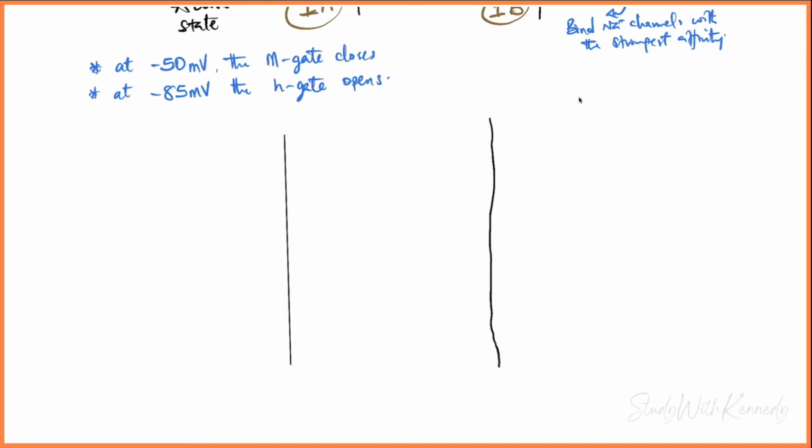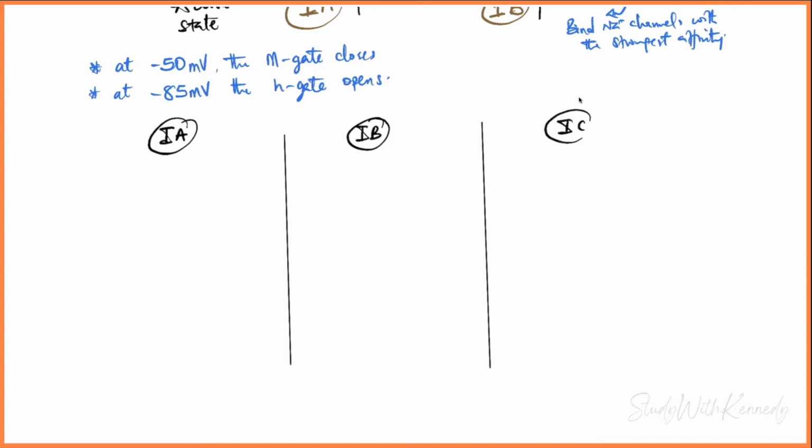All right, I think I'll need a little straighter line here. Great. So here we have class 1A, 1B, and 1C. And we'll see how each of them affects different parts of the heart or different types of sodium channels and what their effects are.